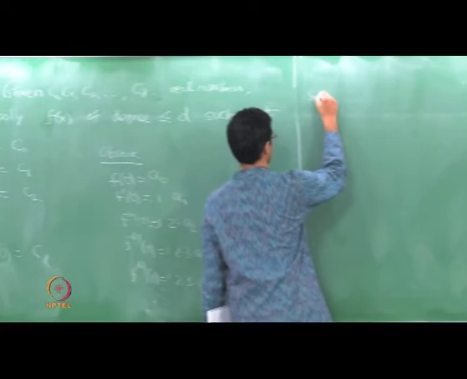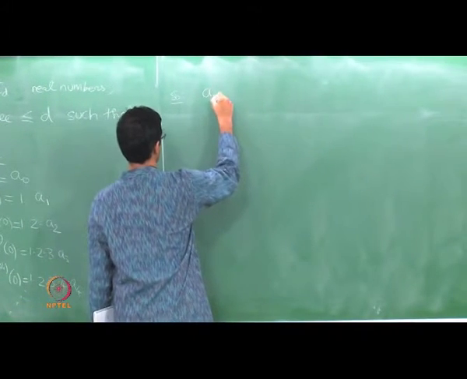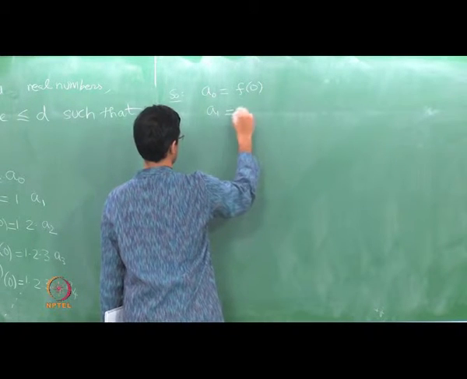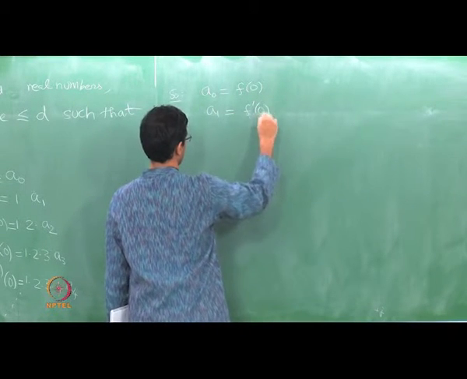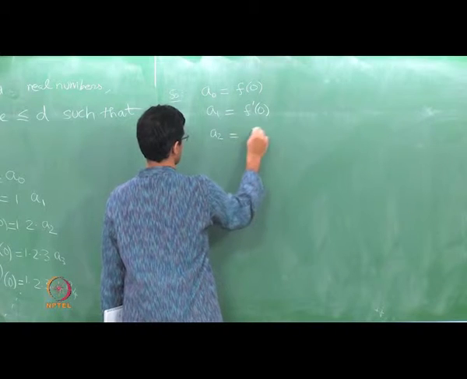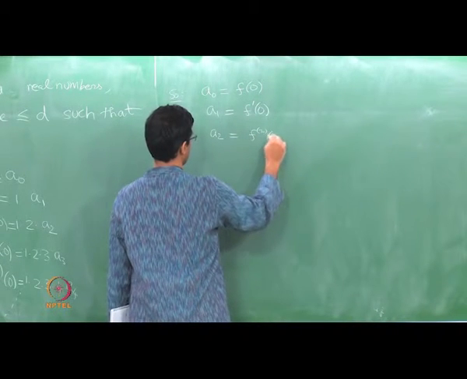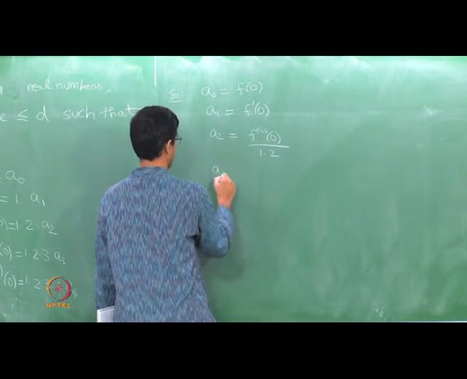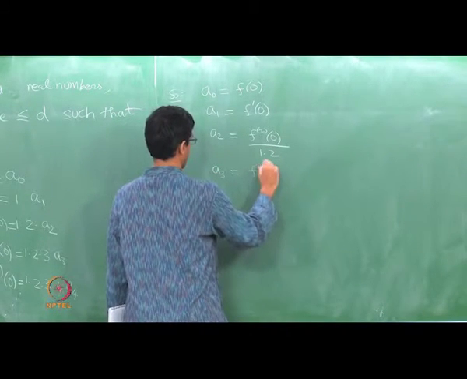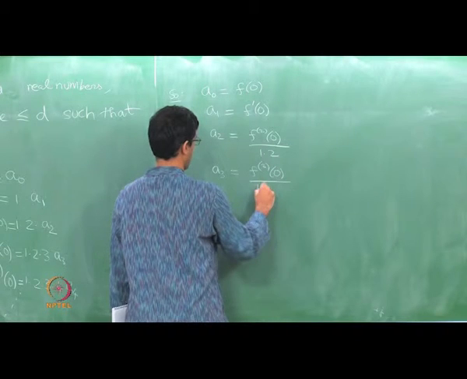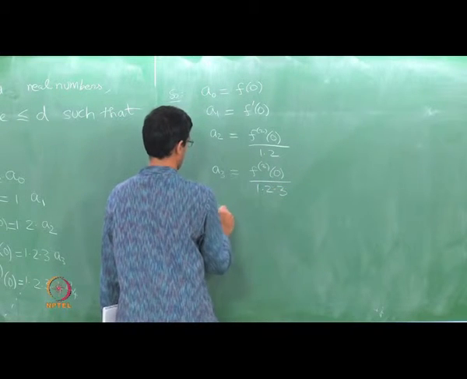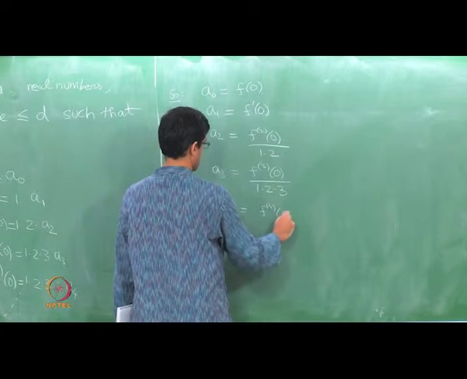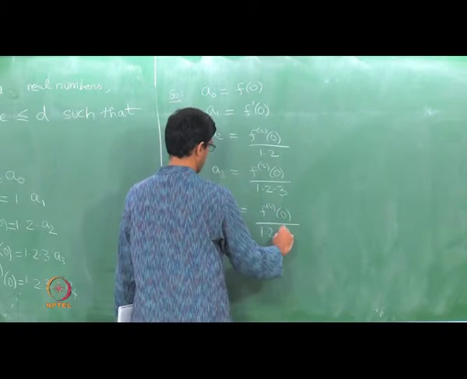So, in fact we conclude that a0 is just f of 0, a1 is just the first derivative, a2 is the second derivative divided by 1 times 2, then divided by 1 into 2 into 3, 1, 2, 3, 4 and so on.